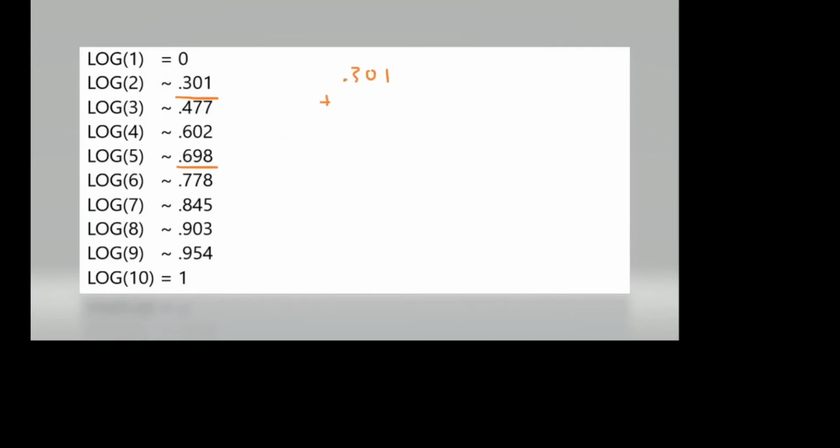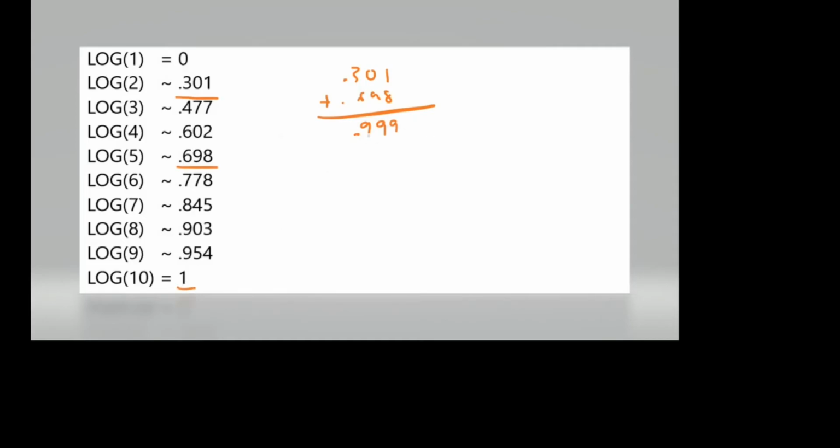So if I do 0.301 plus 0.698, we're going to get 0.999, and this number will just be 0.9999 continuously, because it's eventually going to converge to the number 1.